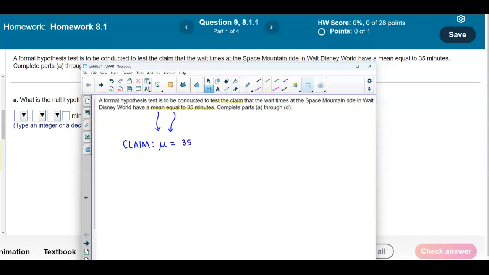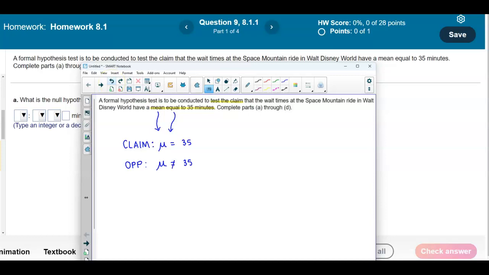Now, what is the opposite of the claim? We're just going to abbreviate it as OPP. We still have the mean here, and still 35. The opposite of the equal sign is the not equal sign.